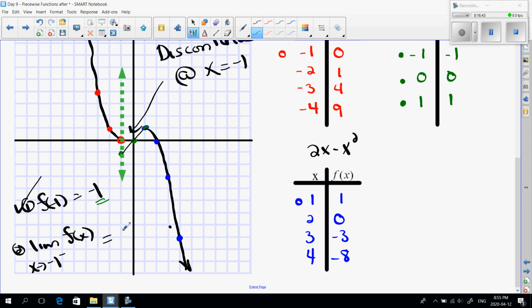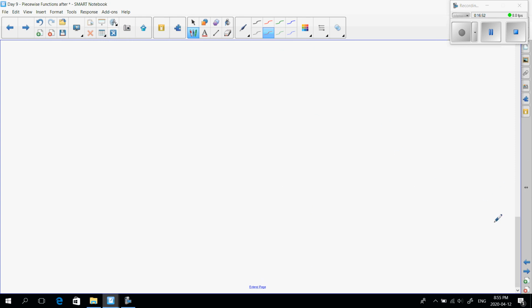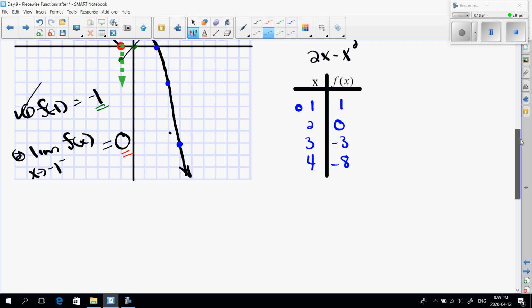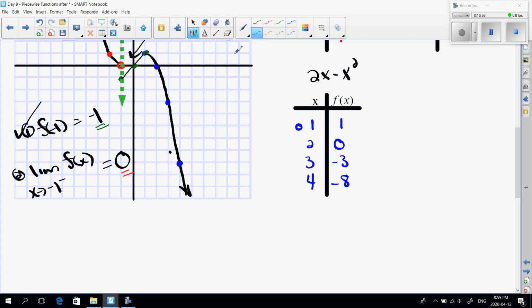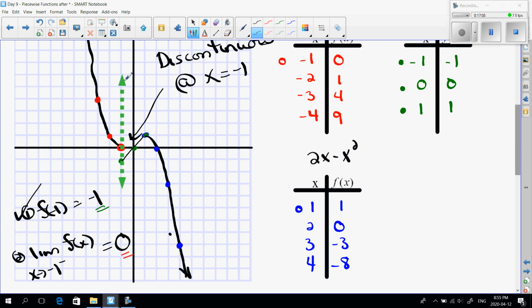Let's check the right-hand limit. Okay, the right-hand limit, the limit as x approaches -1 from the right of f of x. Well, again, I don't have to move that little green dashed line.